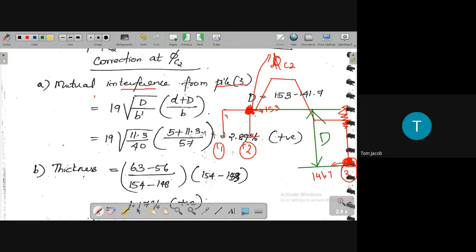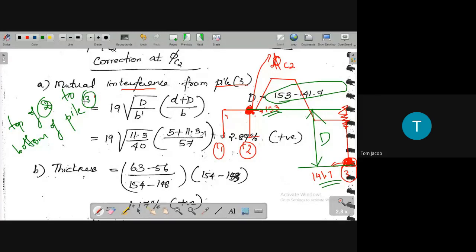That is 153 and this is 141.7. So capital D equal to 153 minus 141.7. So that is equal to 11.3. So if this is a condition, capital D is measured from the top of file 2 to bottom of file 3.